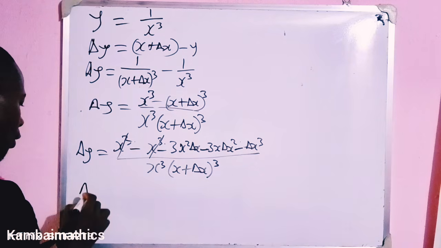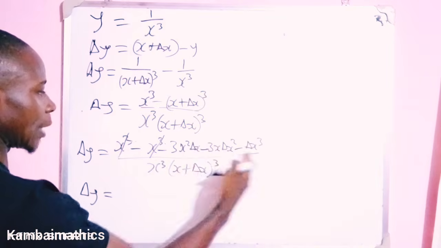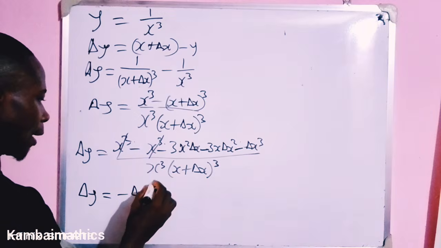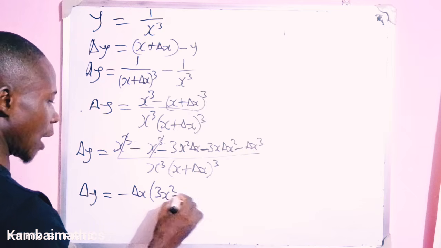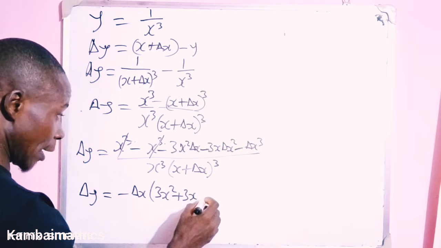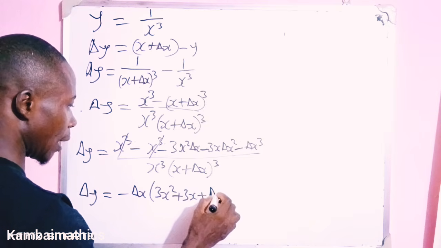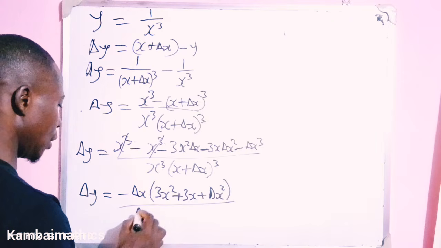We are left with delta y is equal to, you check this one here, delta x is common, so we have minus delta x, and then in bracket 3x squared, and then plus 3x delta x, and then plus delta x squared, close the bracket, all over delta x.